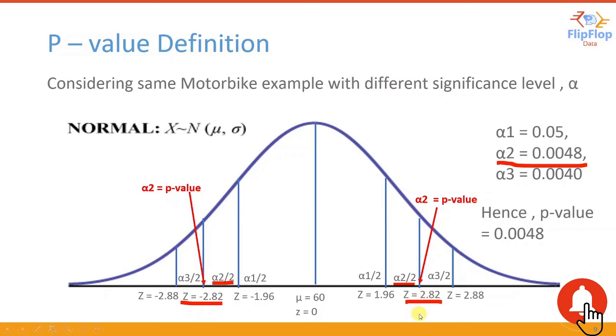But beyond this point, if we decrease the alpha value any further, then the test statistic will become less than the computed Z score and will lie in the non-rejection region, and we will not reject H naught in that case. Hence, this is considered the smallest value of alpha at which H naught can be rejected, and it is called the p-value. I hope this is clear to you.